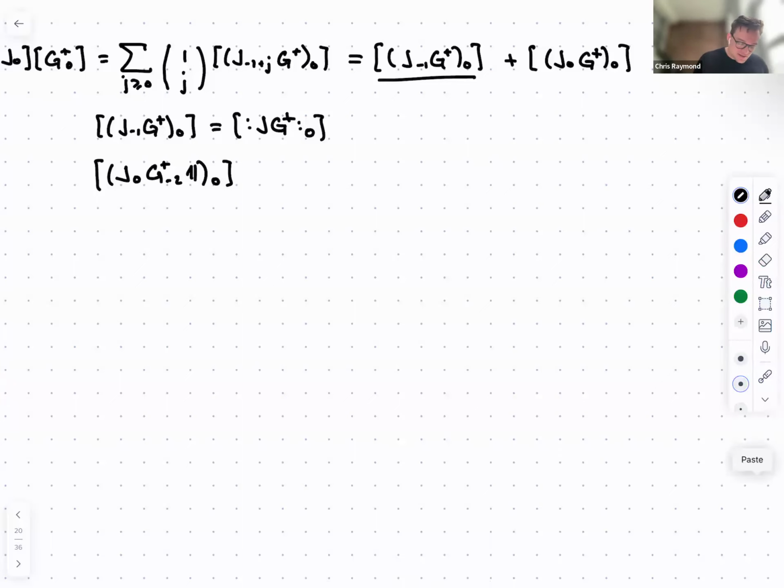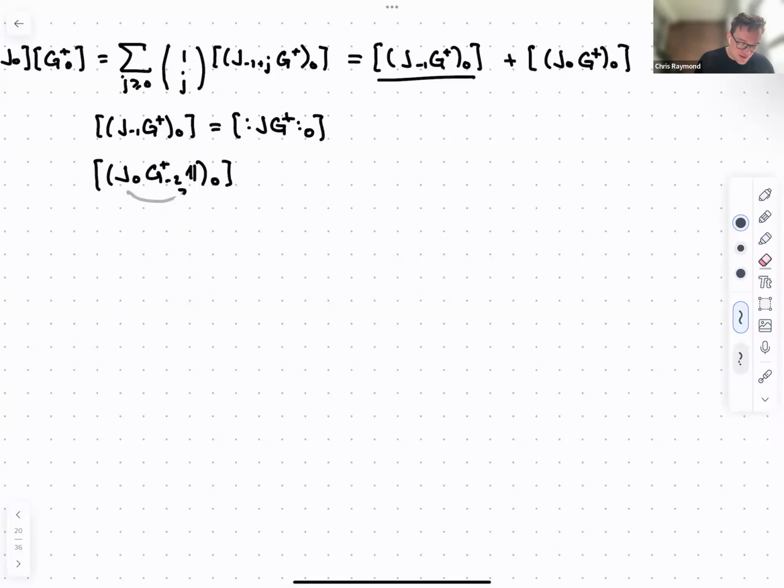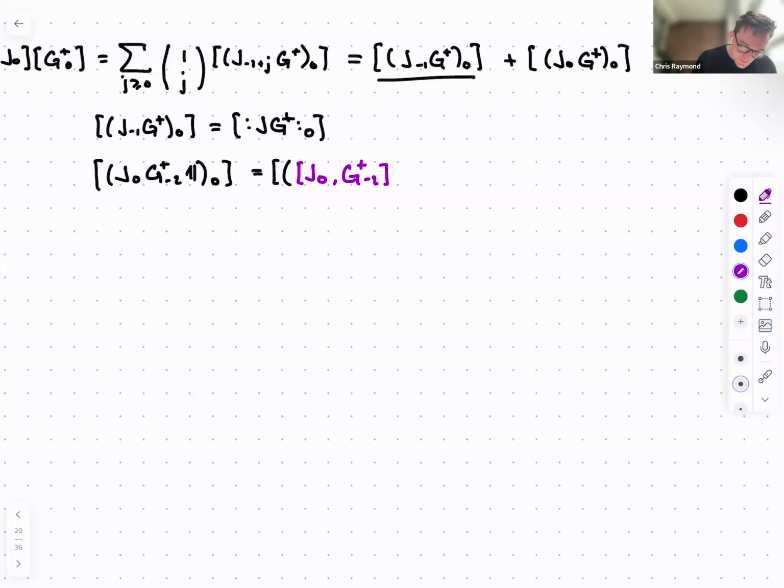Now, if I can get J0 past to act on my vacuum, I know that J0 annihilates my vacuum vector. That's very good. So we can try and commute these things past. Here I'm going to write in purple brackets for commutation relations: I'm going to have the commutator of J0 and G plus minus 2 acting on 1, and take the corresponding zero mode of whatever this is. And this turns out to be very nice.